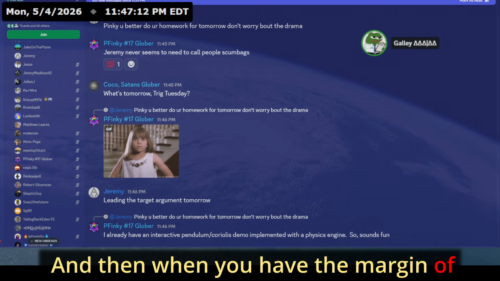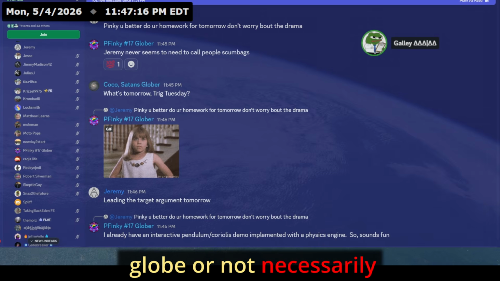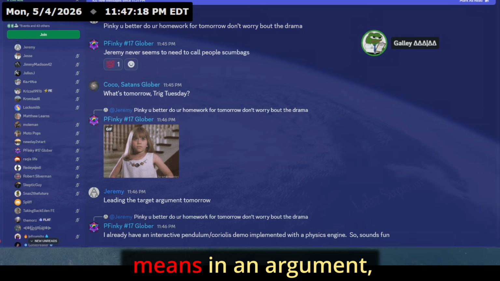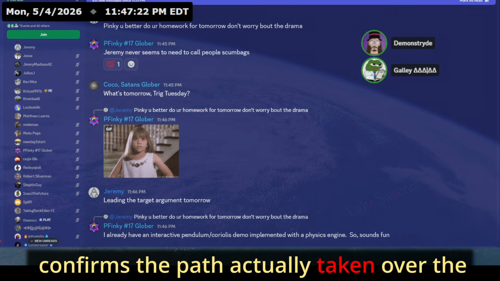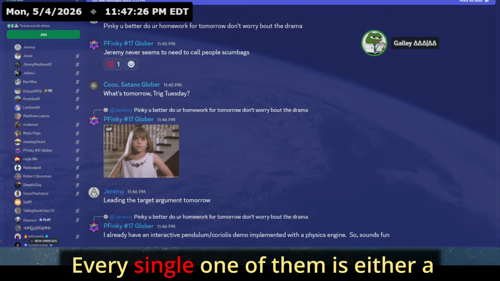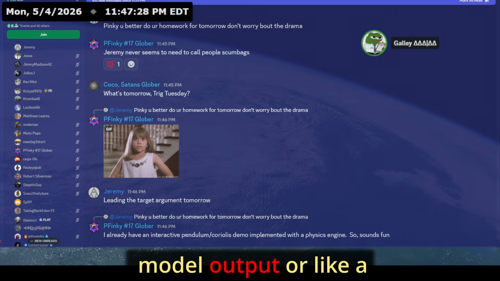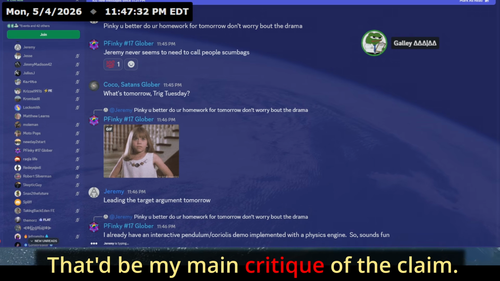And when you have the margin of error of globe versus not globe, or not necessarily globe, if you guys know what necessarily means in an argument, none of this independently confirms the path actually taken over the surface of the totality of everything. Every single one of them is either a model output or a local instrument reading. That'd be my main critique of the claim.